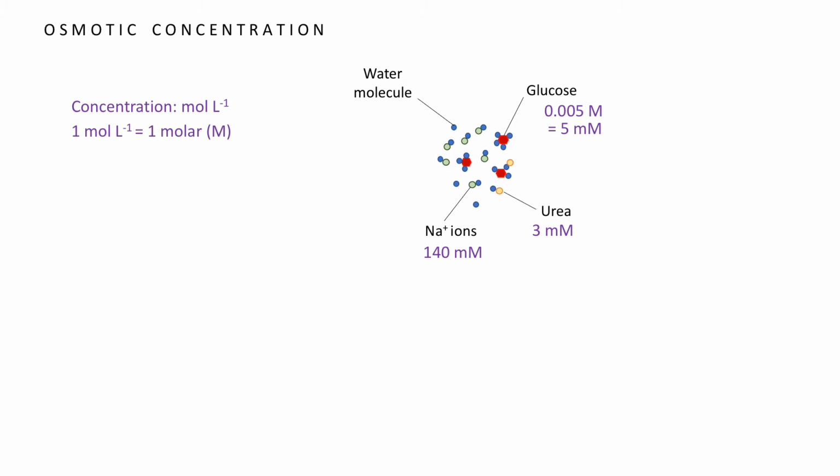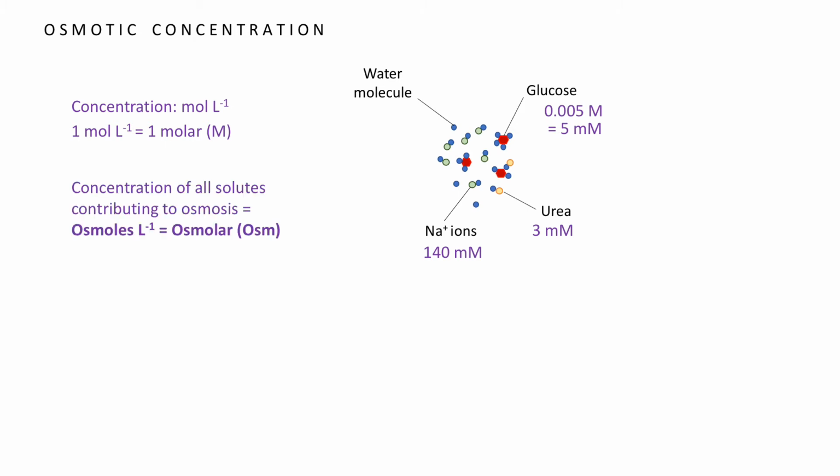So in this example, with our solutes, we've considered them individually and their individual concentrations. But when we're considering the osmotic effect of these molecules in a solution, we consider them all together, and we express that as osmoles. So osmoles per litre, or we could also say osmolar.